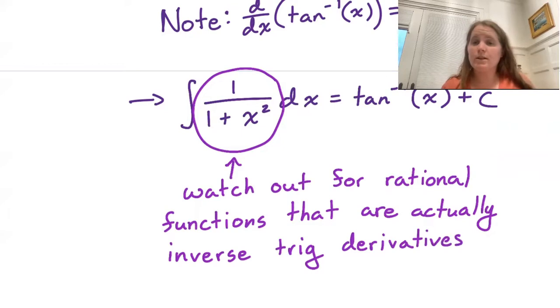So anytime you have a rational function, or also even if there are square roots involved in the denominator, it could still be an inverse trig derivative, and therefore we could take the integral just using inverse trig.